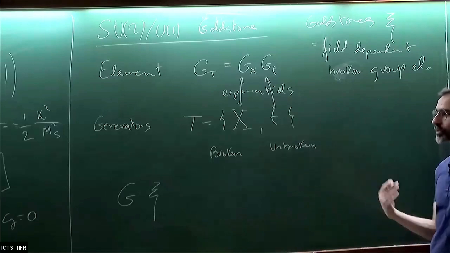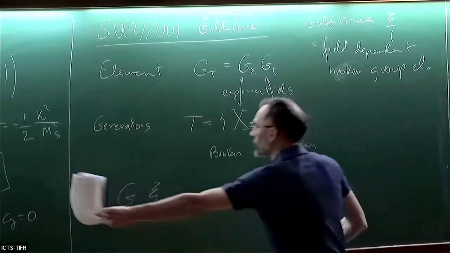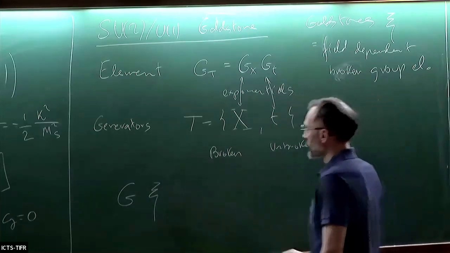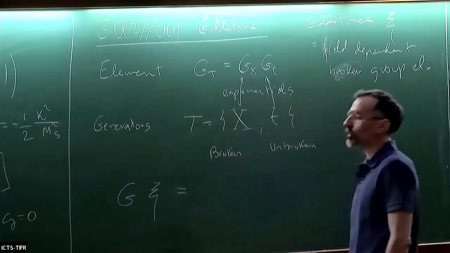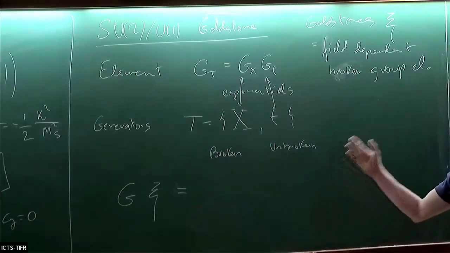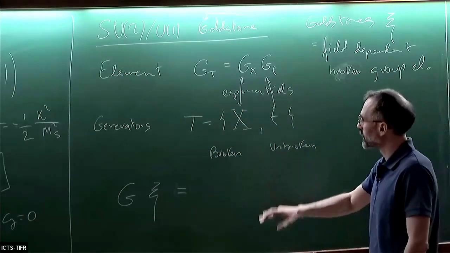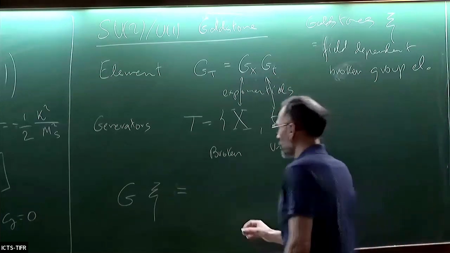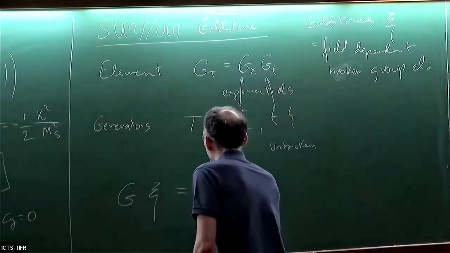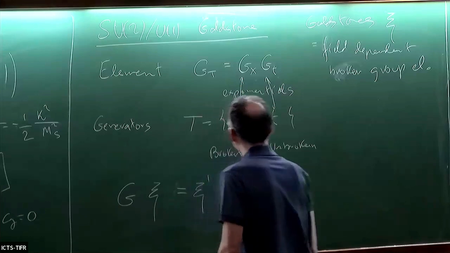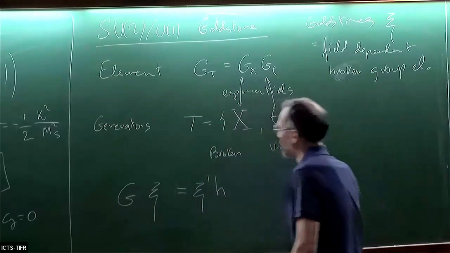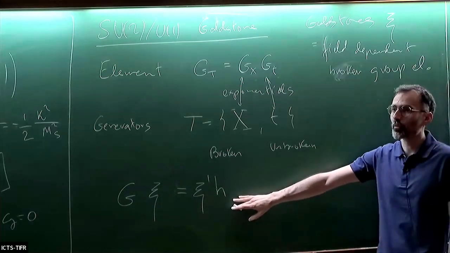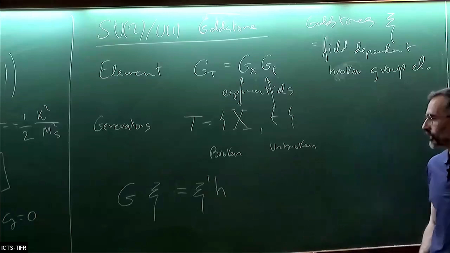We're taking the action of the group coming from the left on whatever state is in here, but I don't write the state. And now the outcome of these two transformations should itself be a transformation that should itself be decomposable into this factorized form. And that's what we'll call the transformed ξ prime times an unbroken element of the group that we call little h.